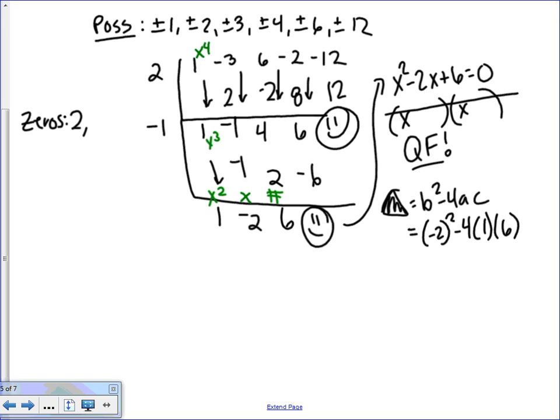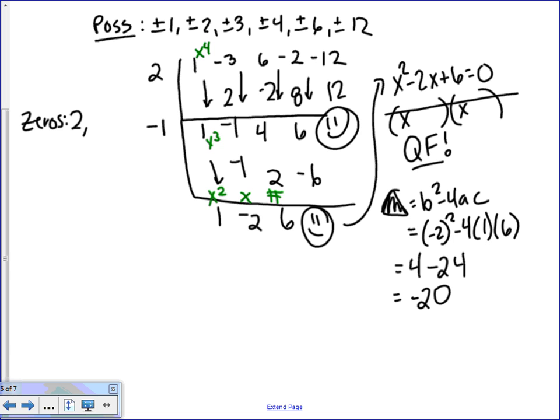And remember, b squared is always going to come out positive, even if b is negative, because you're taking negative 2 times negative 2. So that's going to be positive 4. And then negative 4 times 1 is negative 4 times 6 is negative 24. So my triangle, my discriminant, is negative 20.